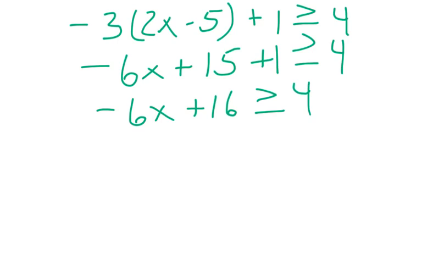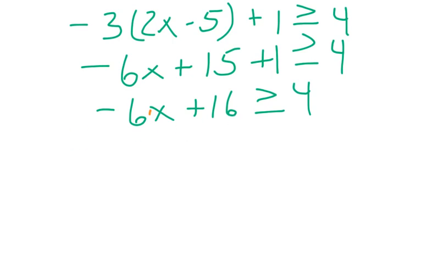Next step is get the variable on one side. Well, we're already there because I only have the variable on the left. I don't have the variable on the right. And then the last step is to solve the one or two step, in this case, inequality. So we look at the x, we want to figure out how we get the x by itself. I have two things happening. We're multiplying by -6 and we are adding 16.